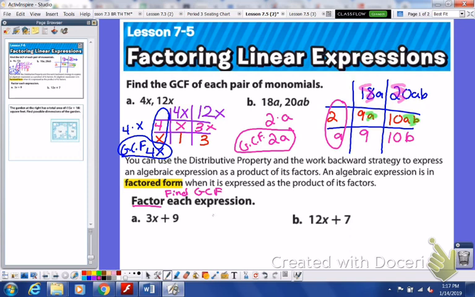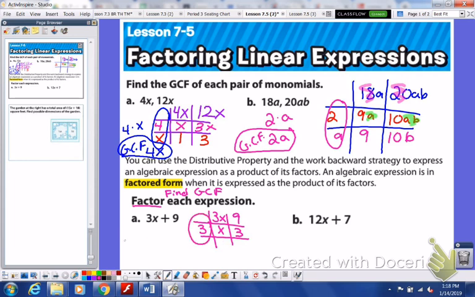If I look at my coefficients, I have a 3 and a 9. 3 divides into both of those. 3x divided by 3 leaves me with x. 9 divided by 3 leaves me with 3. There's nothing that I can factor out of an x and a 3. So my GCF is 3.